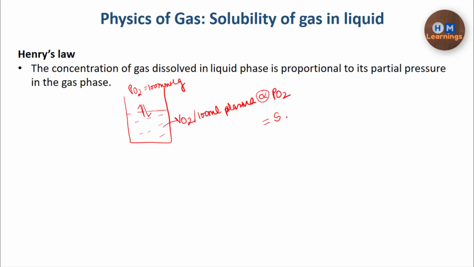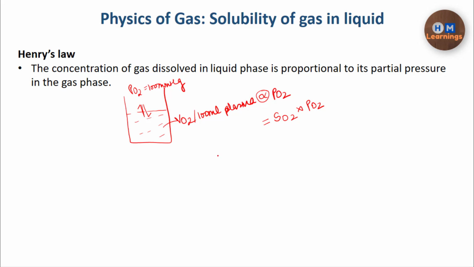Since we are talking about oxygen, it will be the solubility coefficient of oxygen. So the amount of oxygen dissolved in 100 ml of plasma will be equal to the product of the solubility coefficient of oxygen and the partial pressure of oxygen in the gaseous phase, and this is Henry's law. Now we are going to talk about what is solubility coefficient.